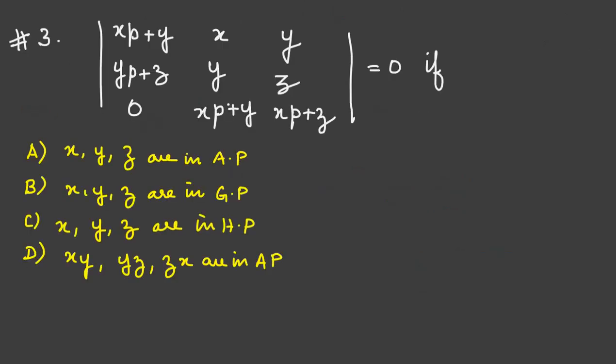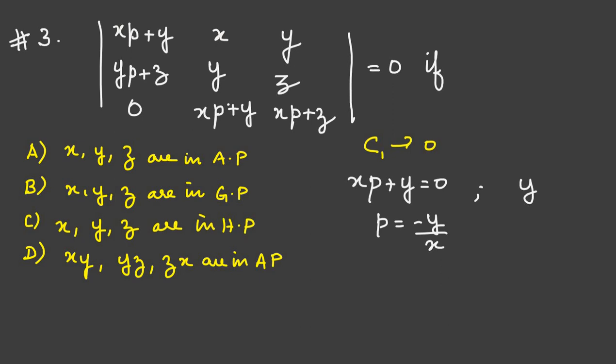Another determinant: given that the determinant is equal to 0, four options are given. So here let us take C1 is equal to 0. Substituting C1 is equal to 0, we get xp plus y is equal to 0, which implies p is equal to minus y by x.